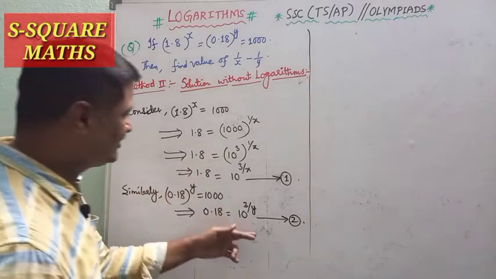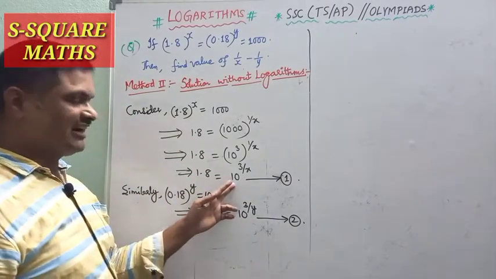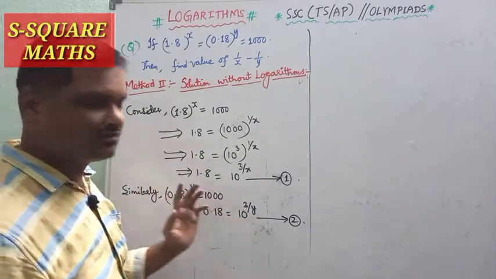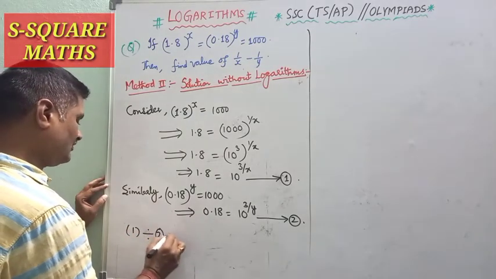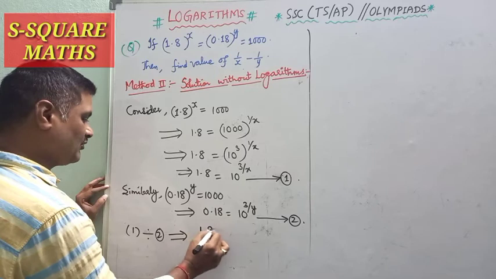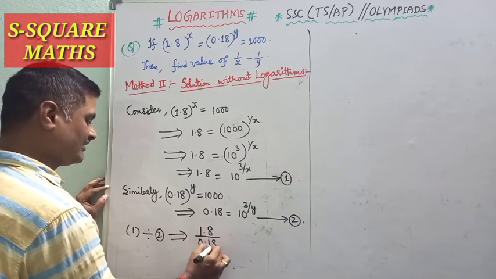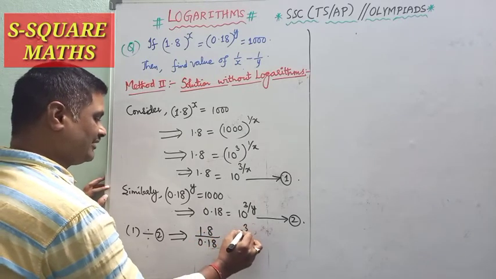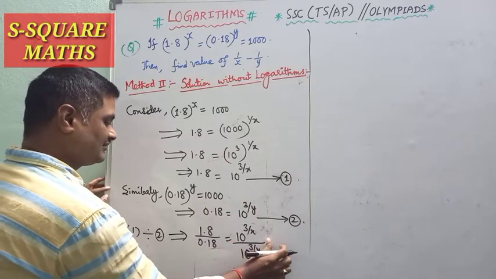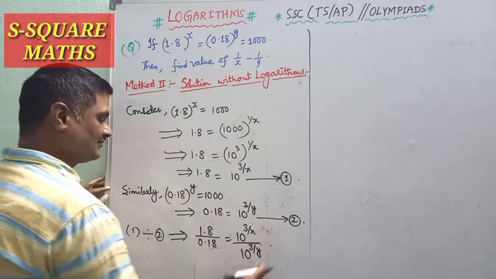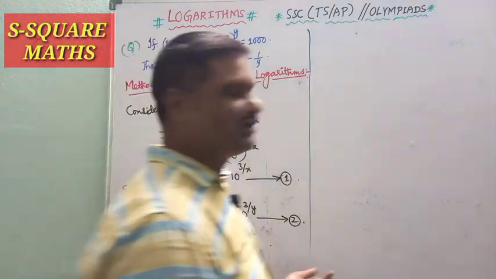Now if you observe carefully, let us divide 1 with 2 or 2 with 1, no problem. So 1 divided by 2. So nothing but here 1.8 by 0.18 is equal to 10 power 3 by x by 10 power 3 by y. Okay, so LHS I am going to simplify.